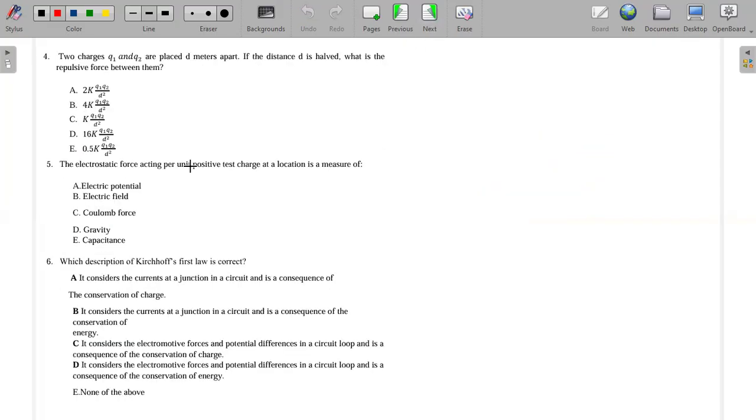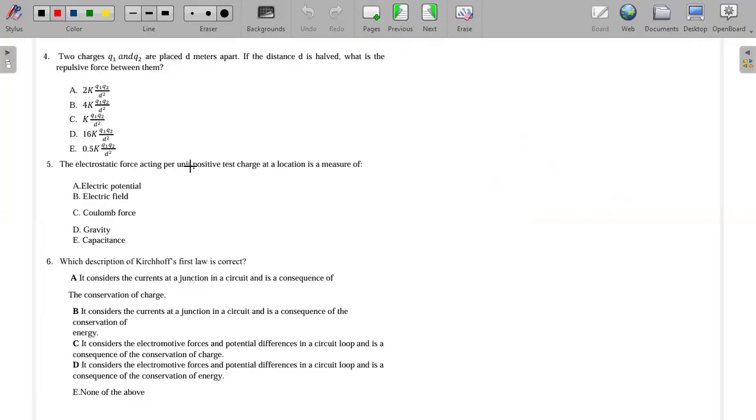Question 4 is saying two charges, Q1 and Q2, are placed d meters apart. If the distance d is halved, what is the repulsive force between them? If the distance d is halved, which means we are reducing the distance between the two charges, what's going to happen to the repulsive force between them?